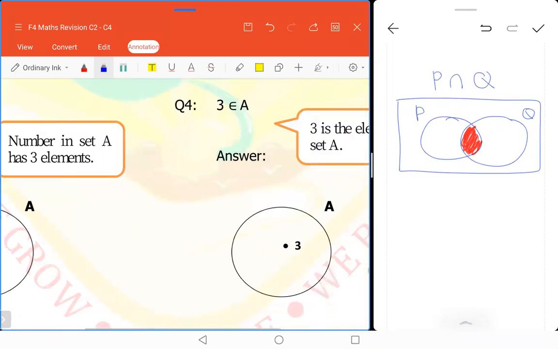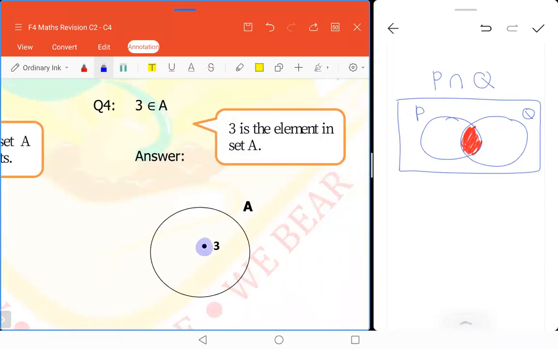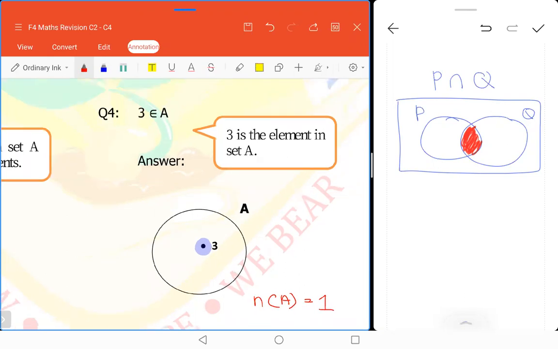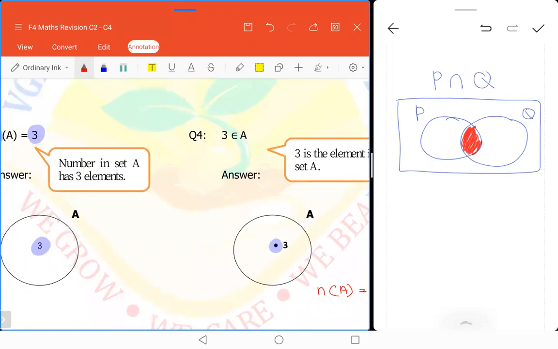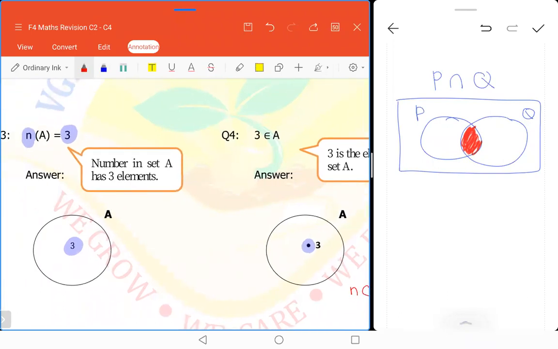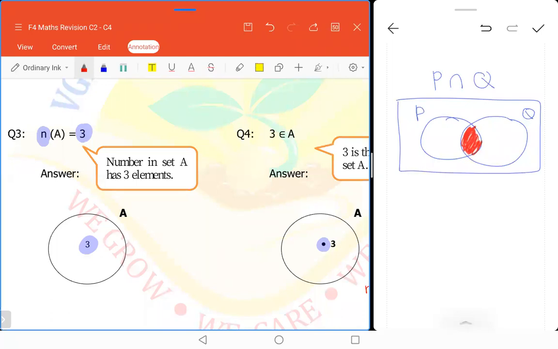But if you add in a dot in front of the number, it means the 3 itself is the element in set A. So now, question 4, based on question 4, number of elements in set A is 1. The element is 3. So that's the difference with dot and without dot. Okay, look carefully, questions 3 and 4. With dot is the element. Without dot is number of elements.